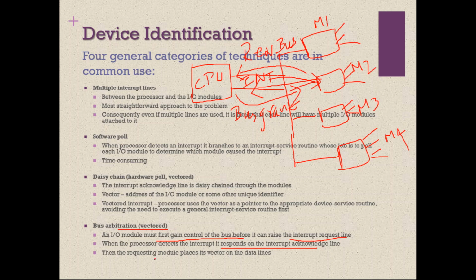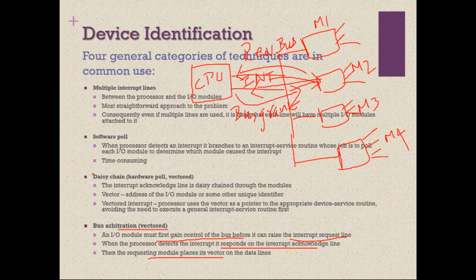Then the requesting module places its vector, or its address, on the data bus. Through that vector or address, the CPU will call the appropriate interrupt service routine.